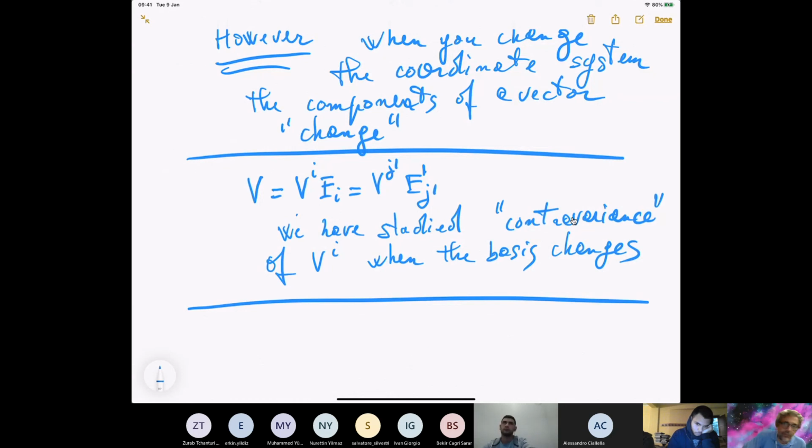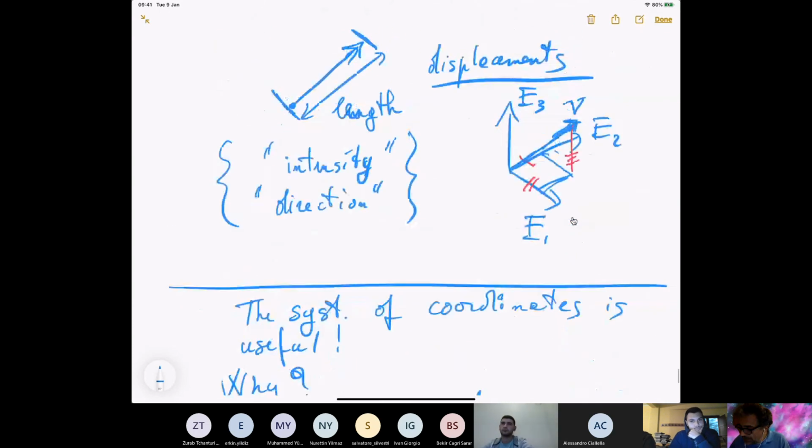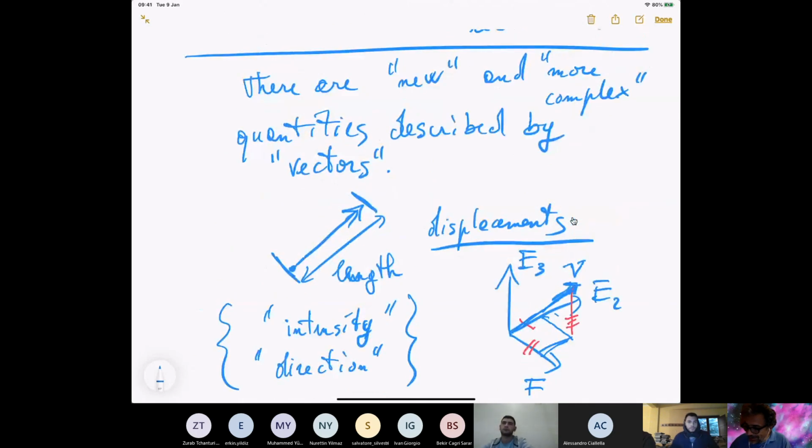So when we are dealing with quantities described by vectors, we must learn more mathematics.